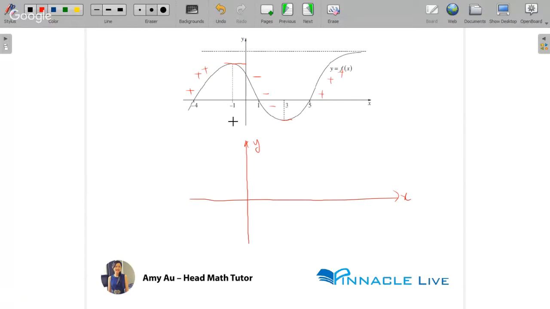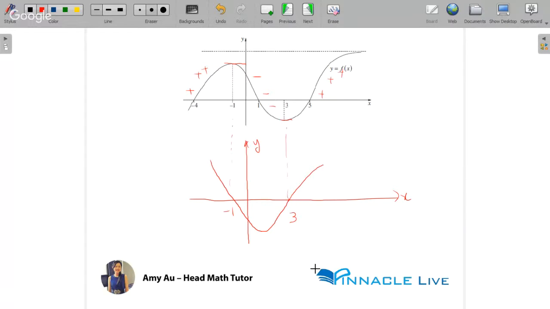We'll start with the stationary points, -1 and 3. Positive means above and negative means below. Remember that. So above, below, coming back up to 3, and then above again.